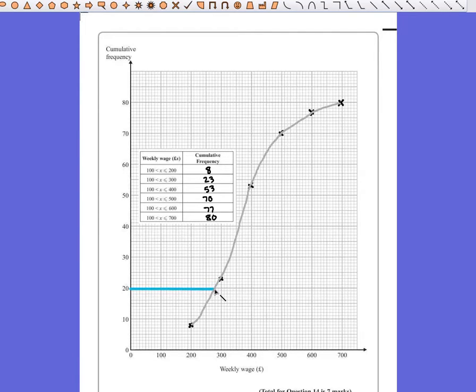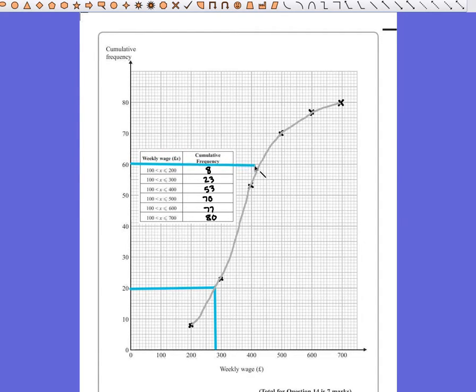So you draw a line across at 20 and then down to the bottom to find out that the lower quartile is about £280 a week. In a similar way, we look to find the upper quartile, which is halfway between 40 and 80. In this case it would be 60. This is 3/4 of the total value and therefore would give us our upper quartile.